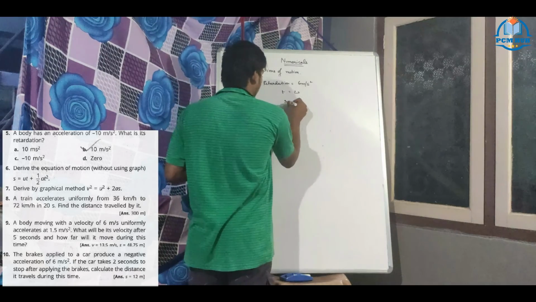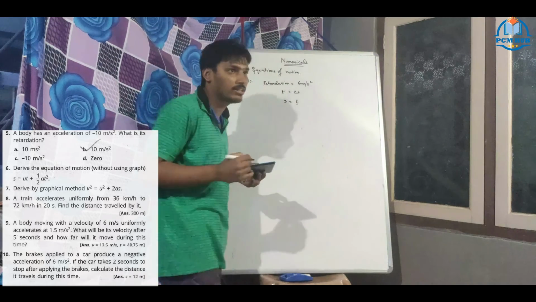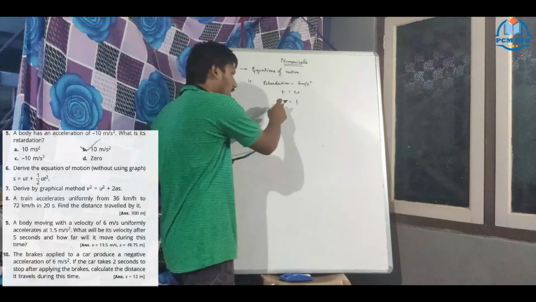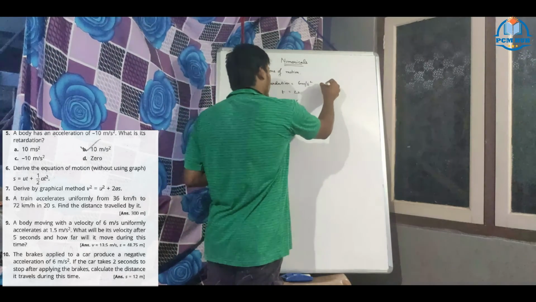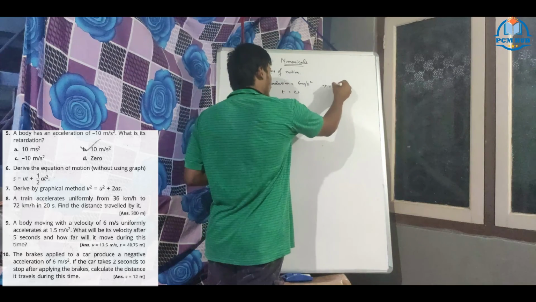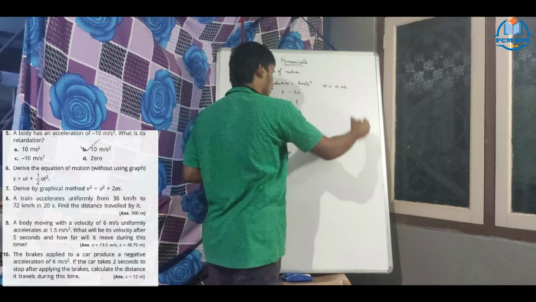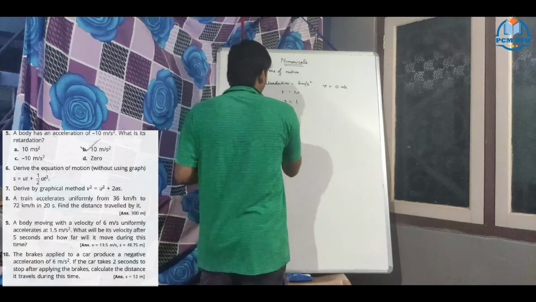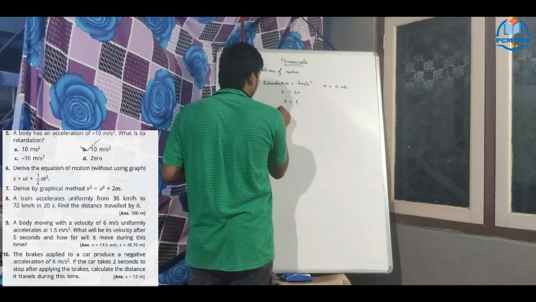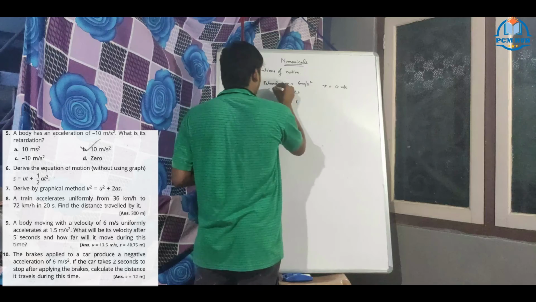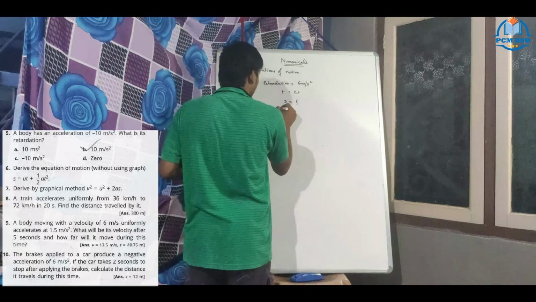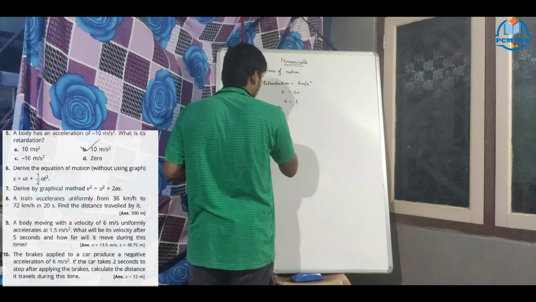Here the logic is, everywhere we have done, there are 3 parameters. Here we have only 2 parameters. So the third parameter is what? Velocity. The final velocity is 0, because it is coming to rest. So what is the formula here?